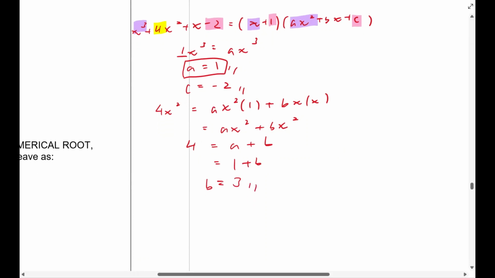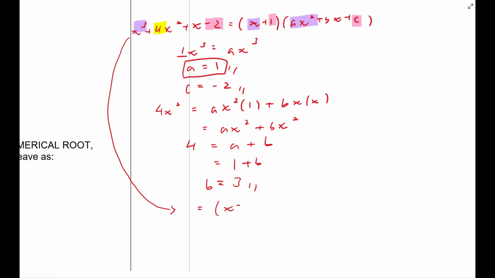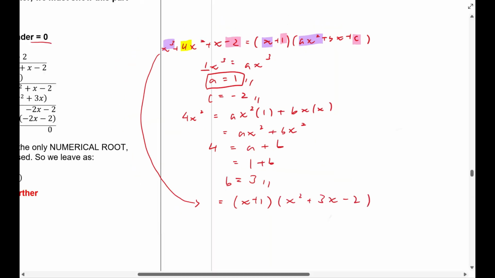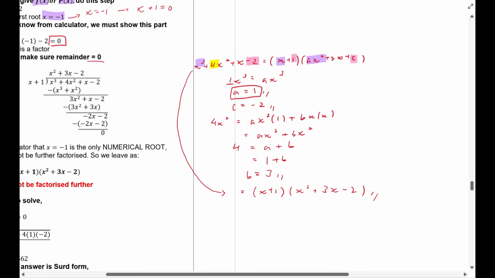So now we have our a, b, and c. Then we can sub it back into our brackets. So our polynomial breakdown will be equal to x plus 1. Then we sub in a equals 1. So x squared, b equals 3, 3x. Then c equals minus 2. So we get the same answer here and here. Right?